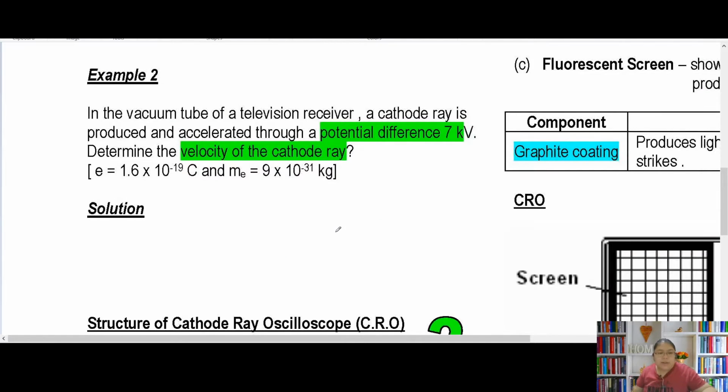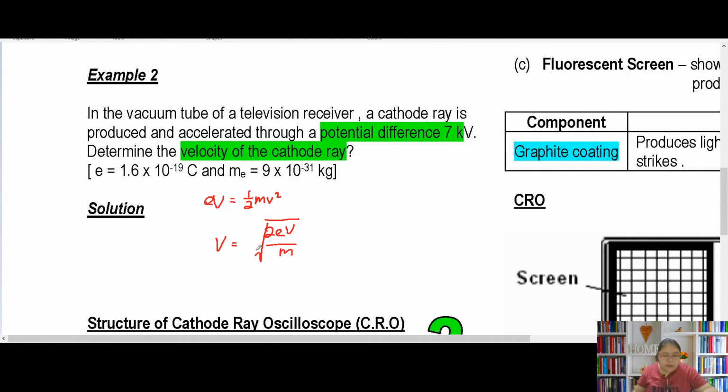Okay, then we go to example 2. In the vacuum tube of a TV receiver, a cathode ray is produced and accelerated through a potential difference of 7 kilovolt. Determine the velocity of the cathode ray. So we still write the same equation: eV equals half mv squared. Now the question wants to find velocity, so velocity equals 2eV over m, then square root.